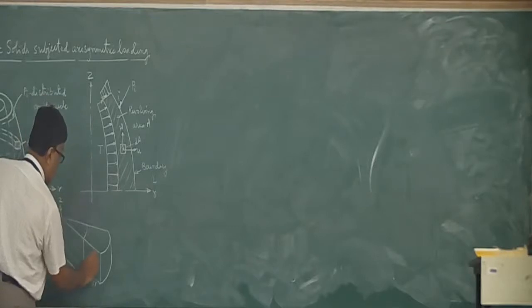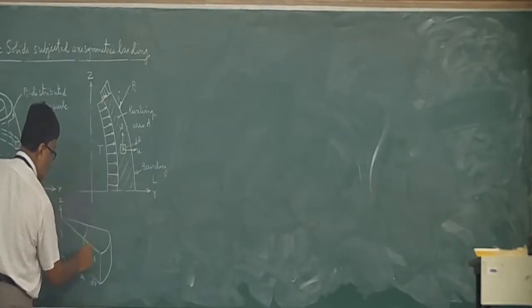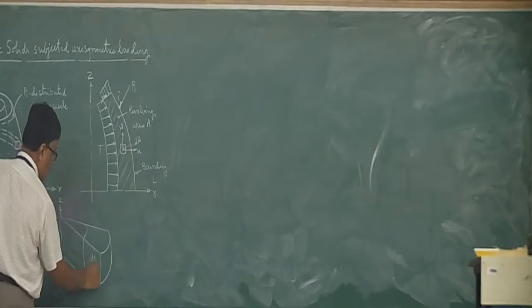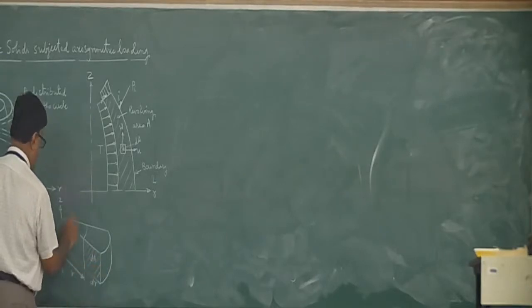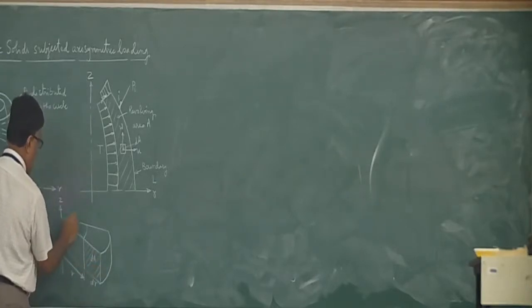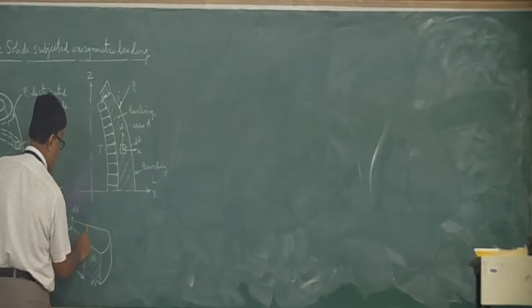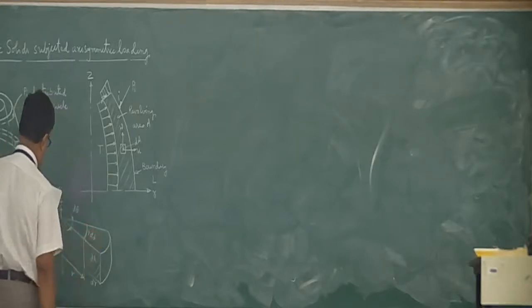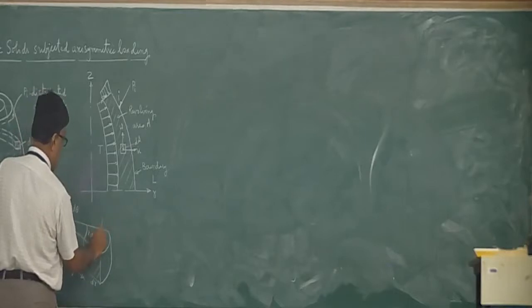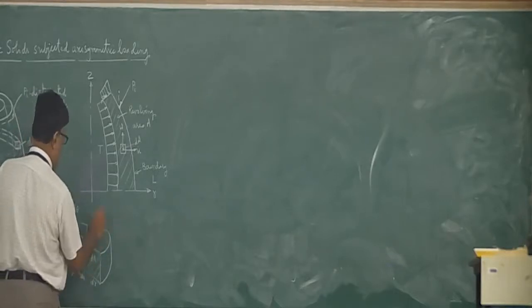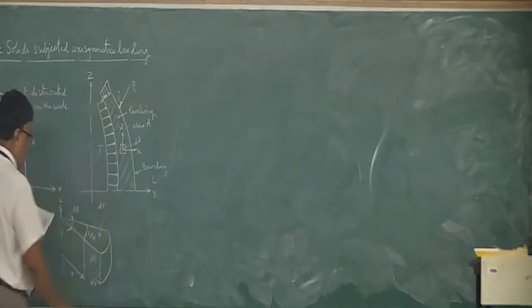This is the cross-sectional area I just showed you. I just hatch this. This is the angular portion I have considered. Let us say d theta, a small angular slice I have taken. Naturally the length of the arc is radius times theta, so this is r d theta. The volume of this whole element is dV.